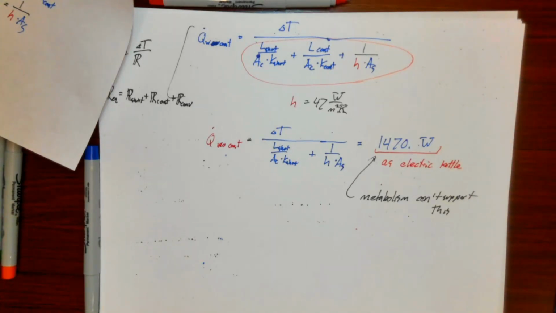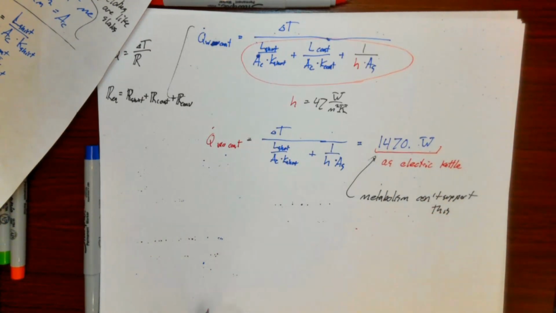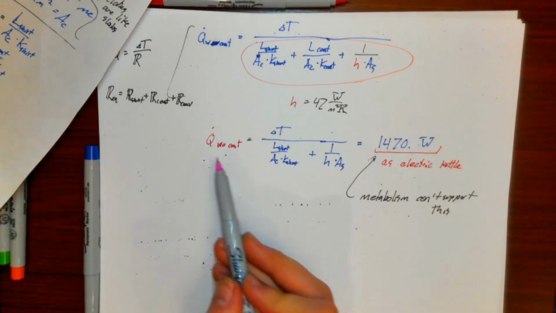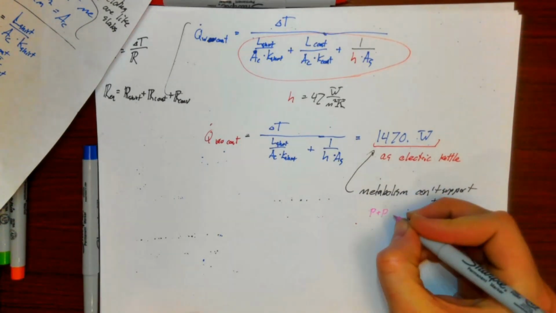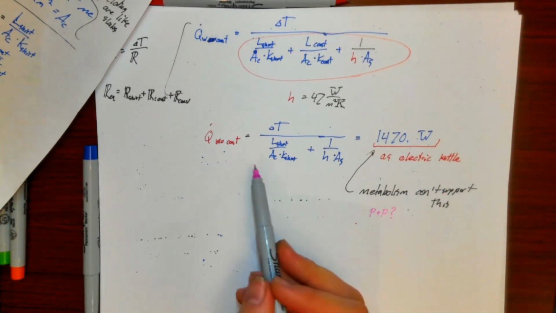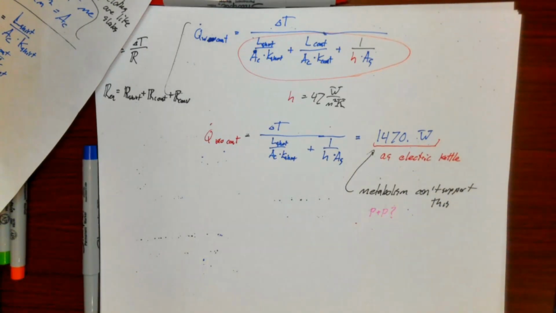So pause and ponder. If our metabolism can't support 1470 watts, what happens if we go outside? What happens if we go outside and our metabolism can't support the 1470 watts in order to sustain this heat transfer?